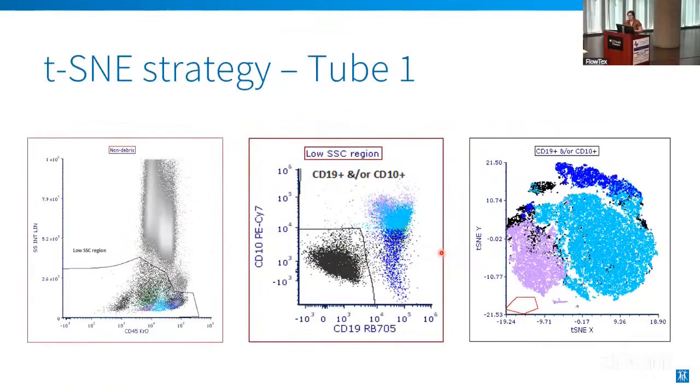So we put this into a T-SNE template. With our T-SNE template, we can't put all million cells into the T-SNE tool because it would just take too long and it would just be sort of a mess. So we have to start somewhere. So we're going to start again with the low side scatter region and the CD10 and/or CD19 positive cells.